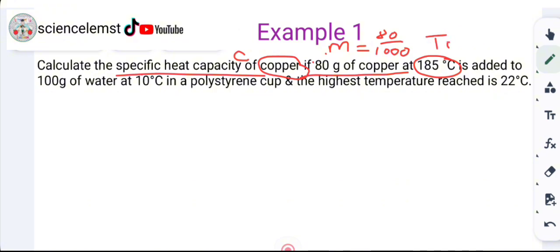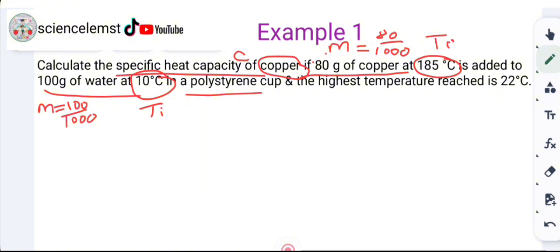That is my initial temperature. Then they are adding it to what? To 100 grams of water. So again, mass of the water, 100 divided by 1,000. The water is at an initial temperature of 10 degrees Celsius. They're adding them to a polystyrene cup because a polystyrene cup is a good insulator of heat.